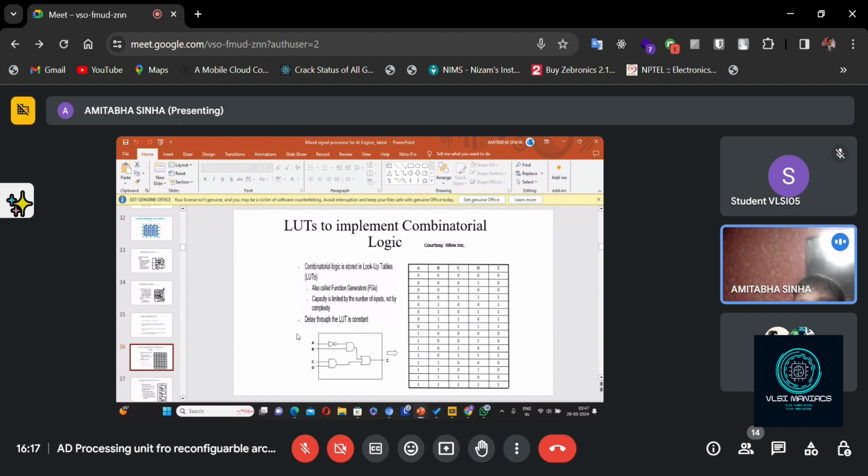A large number of lookup tables are placed in row and column fashion, and there are a number of switches. By changing the connectivity, we can make different kinds of functions. So that is the fundamental concept of your FPGA.